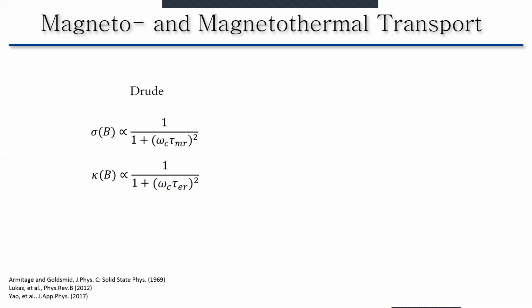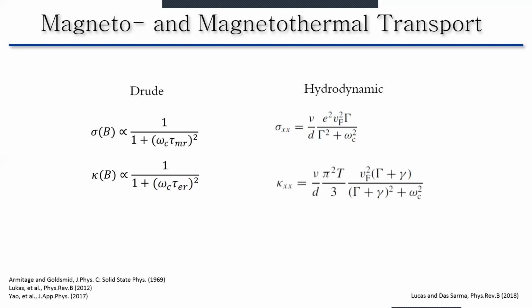But to give us a little bit more of a solid footing, let me invoke theory once. So here is some work from Lucas and Das Sarma, Andy Lucas, where they computed these coefficients in a hydrodynamic regime, and they found that the longitudinal electrical conductivity depends on that big gamma, the impurity gamma, while the thermal conductivity depends on big gamma and small gamma.